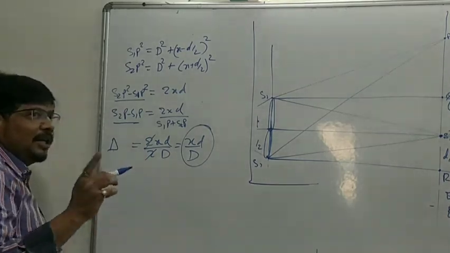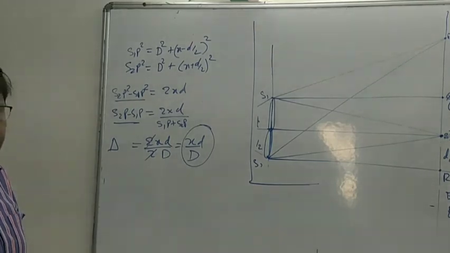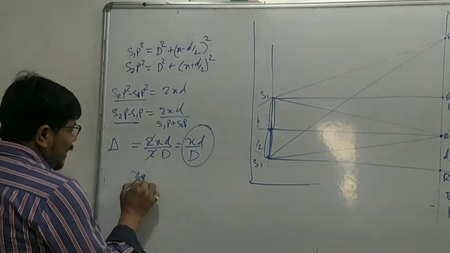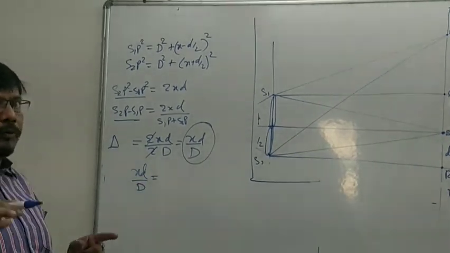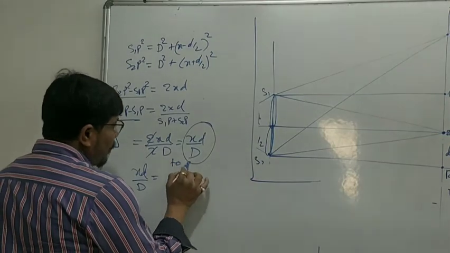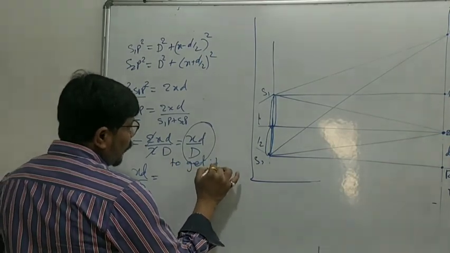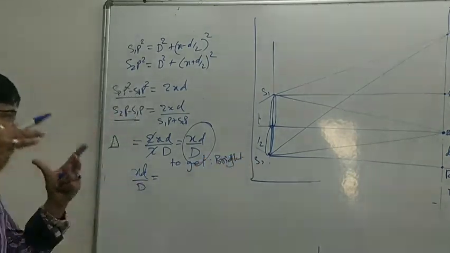So small x is a very important thing you have to remember. xd by capital D, if you want a bright fringe. We are going to find the bright fringe.